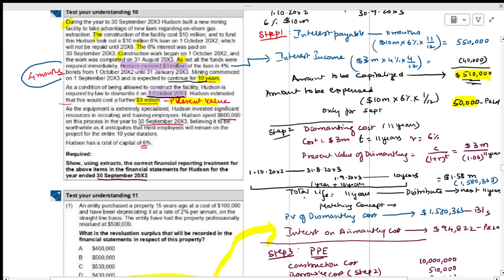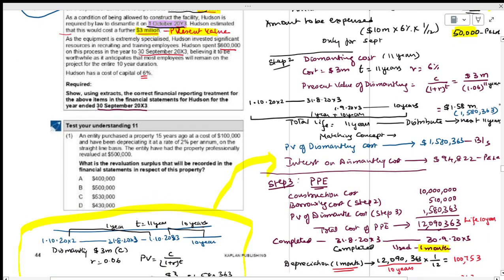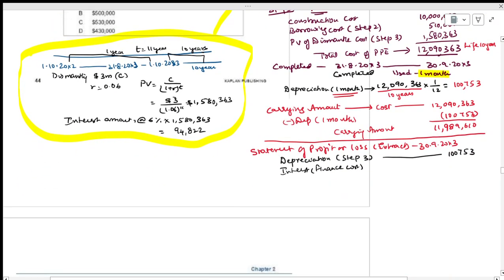How much is there? 50,000. I will write separately. Step 2, 50,000. Step 3 is how much?